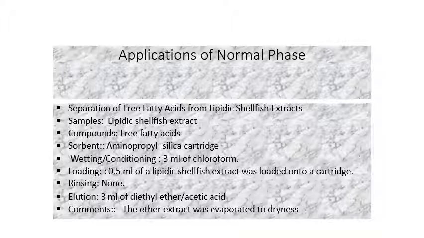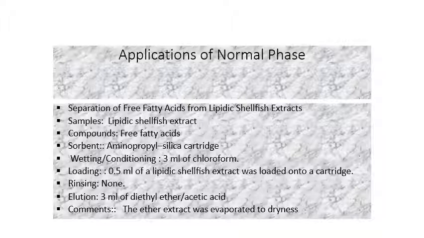Loading of sample: 0.5 ml of lipidic shellfish extract was loaded onto a cartridge. Rinsing: 1 ml of chloroform and 2-propanol 2:1 volume by volume. Then elution is 3 ml of diethyl ether and acetic acid, 98 to 2 volume by volume, meaning acetic acid is used as 2% and diethyl ether as 98%.